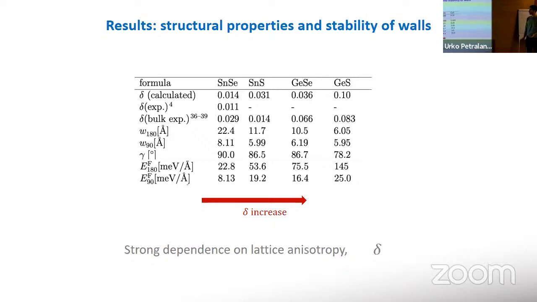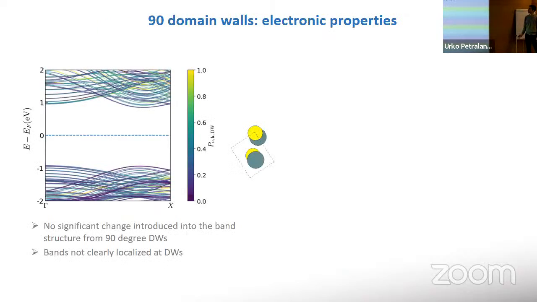This means that we can, not predict exactly, but have a real clue of how the domain wall will be just from the bulk structure itself, because we can take the lattice parameters of the bulk and imagine what properties the domain wall will have. It's not exact, but it's a clue.